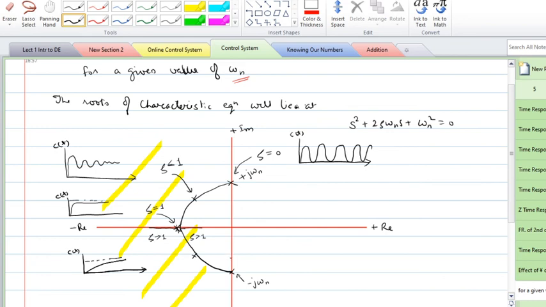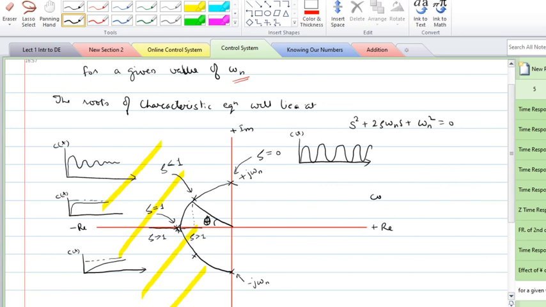Now, if we find out another relation, suppose that this angle is theta.